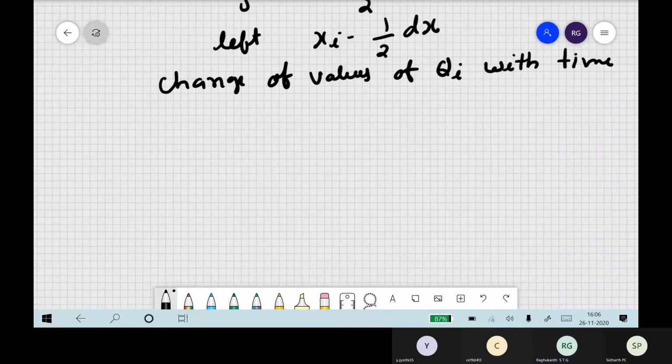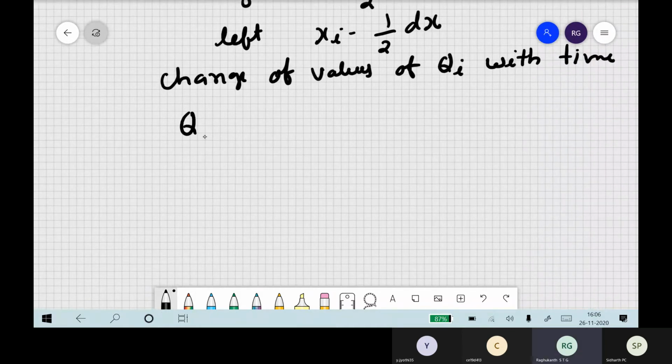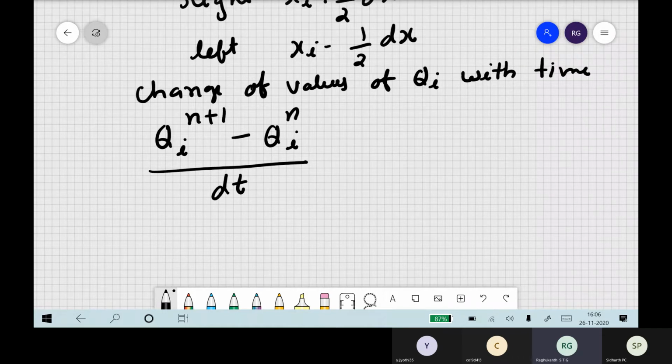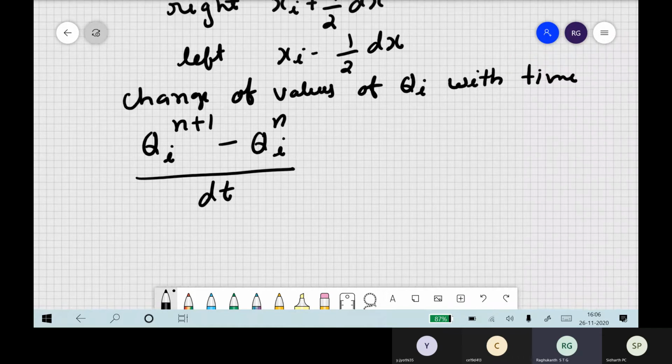I can write this as qi at time n plus 1 minus qi at the nth time, with respect to dt. You followed, right? This is my derivative, how q is changing in a given cell i with time. This can be estimated by how much is coming inside the cell during this time and how much is going away.